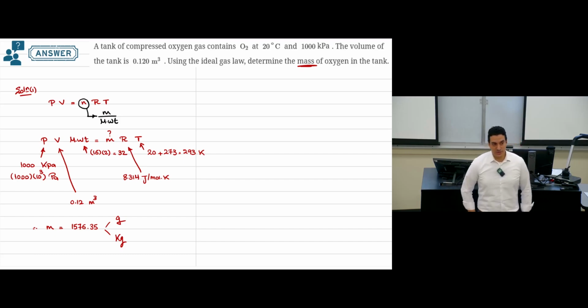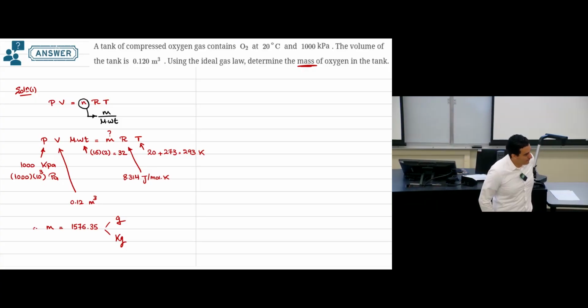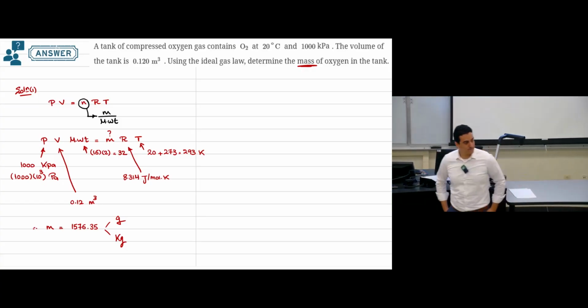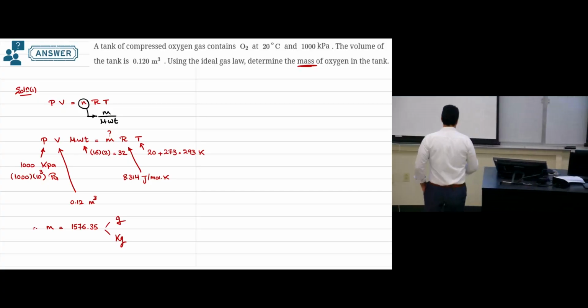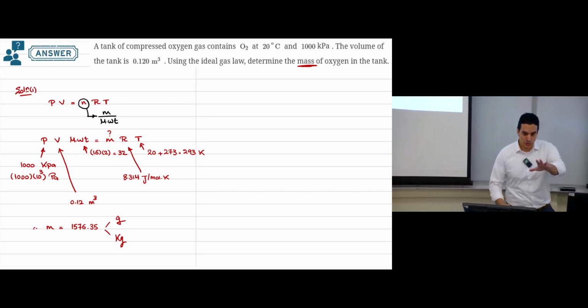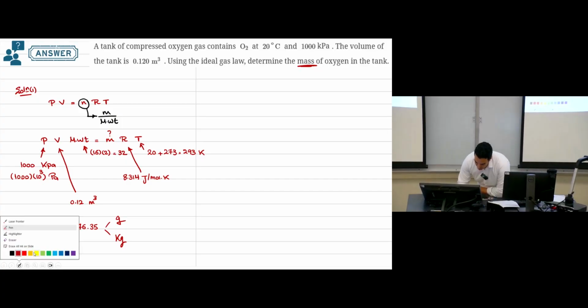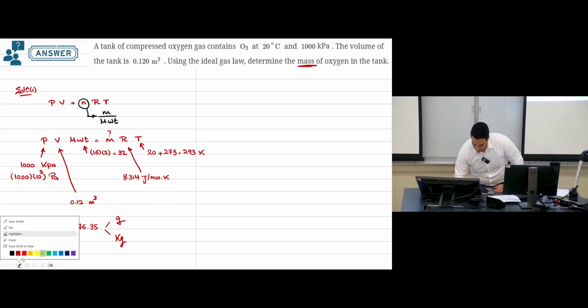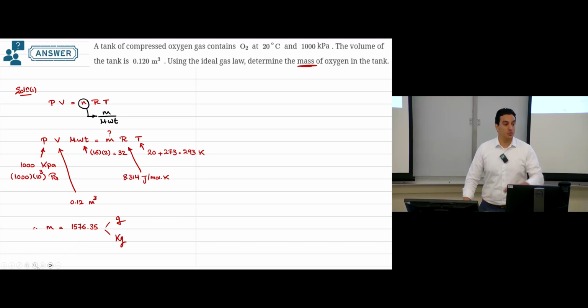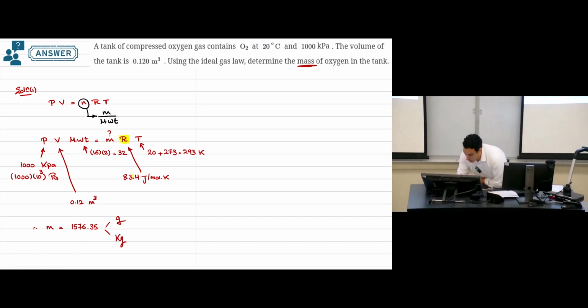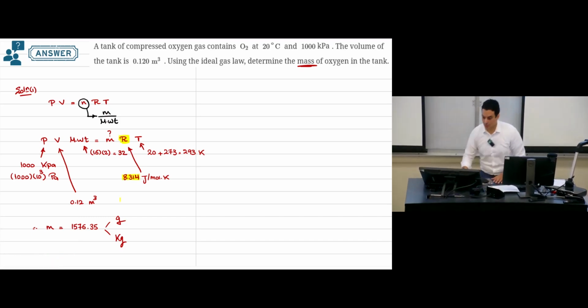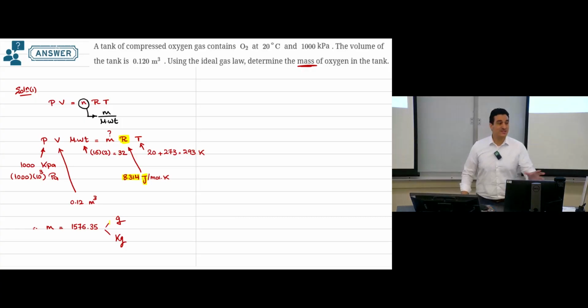But the molecular weight is 32 grams per mole, and also 32 kilogram per kilomole, and 32 pound mass per pound mole. The molecular weight is the same for all units, so this is not the reference. The thing here is not the units of the molecular weight, but the units of R. R is 8.314 joule, in the SI system.